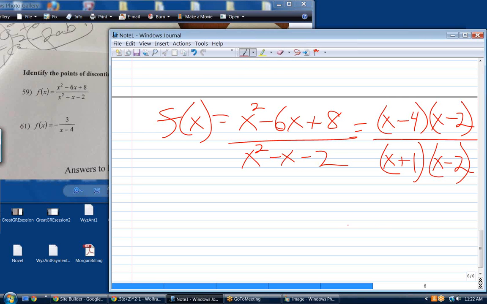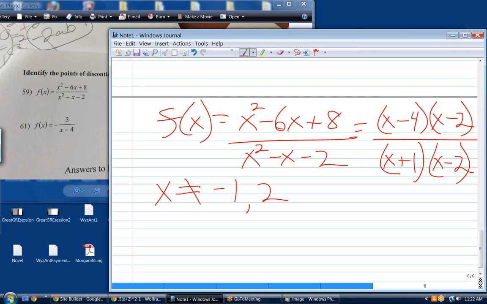And there's 1. So we immediately see we can cancel that out, but before we do, let's note where our restrictions in the domain are. So -1 and 2. X cannot be -1 or 2.